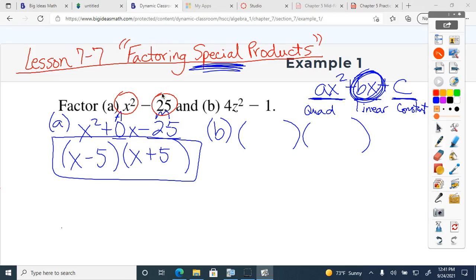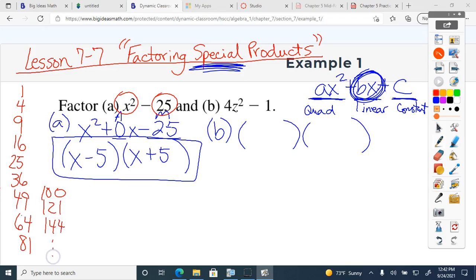What are perfect squares? 1 squared is 1. 1 is a perfect square. 2 squared is 4. 4 is a perfect square. 3 squared is 9. 9 is a perfect square. 16, 25, 36, 49, 64, 81, 100, 121, 144, and so on and so forth.